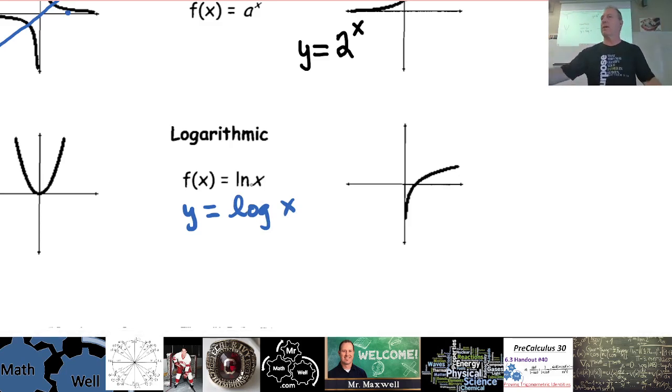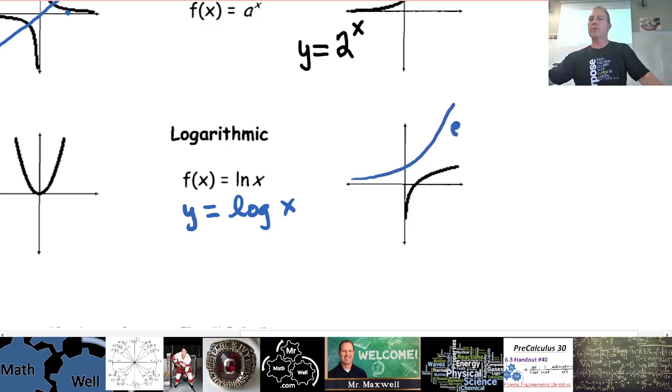It's the inverse of an exponential function that has a special base which is given the letter e. So e to the power of x, if you take the inverse of that, you get y equals the natural logarithm of x.